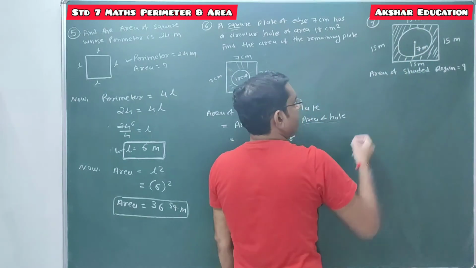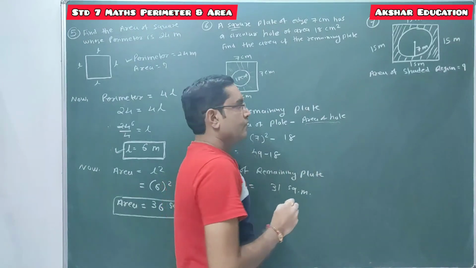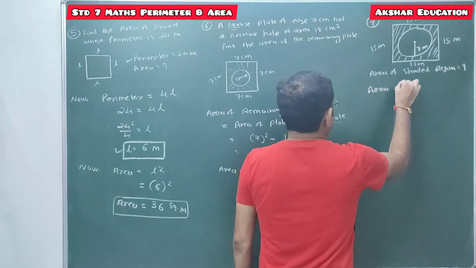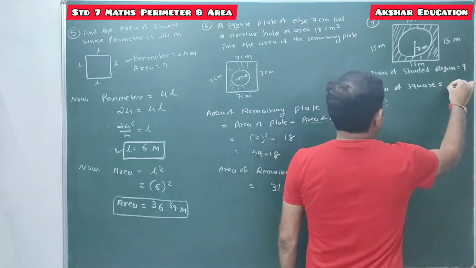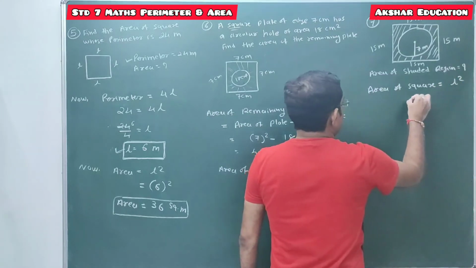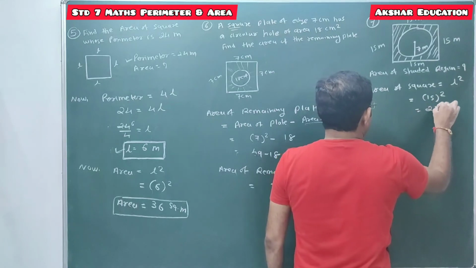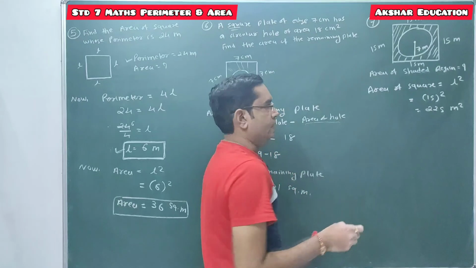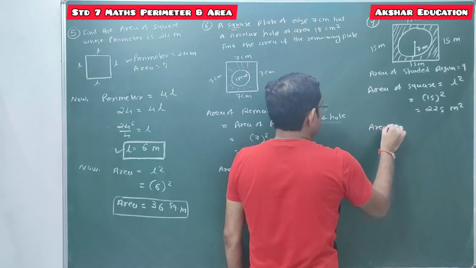So area of shaded region is nothing but the area of square minus area of circle. So first we will obtain area of square. Area of square is nothing but side square, L square. So L is given 15. So 15 square, which is equal to 225 meter square, or also you can write square meter. This is the area of square. Now you can find the area of circle.